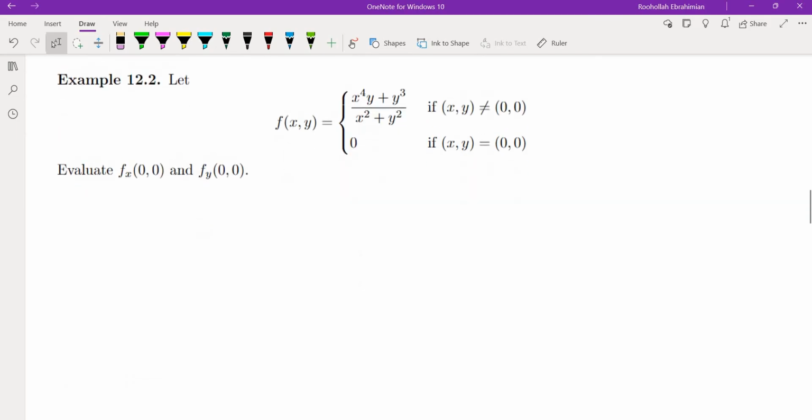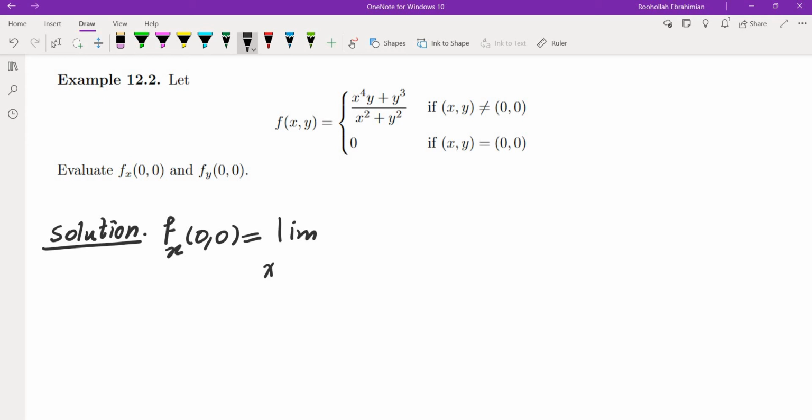If you look at this example, this function is given as a piecewise function. So we can't really evaluate partials of this function at 0, 0 by simply differentiating and plugging 0, 0. So for this one, we will have to use the limit definition. So f sub x 0, 0, that's equal to the limit as x approaches x naught.